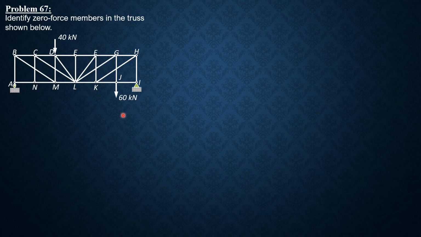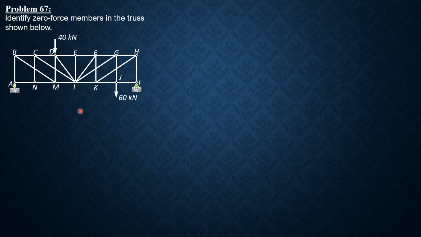And the second one is if there are three forces acting at a joint and two are collinear, then the member that is unique carries no force.